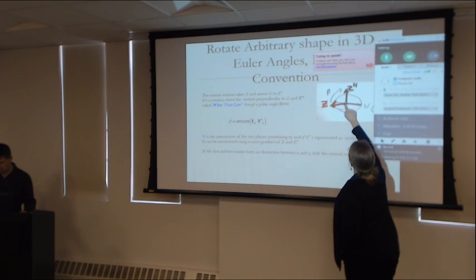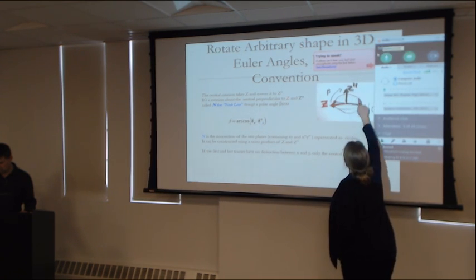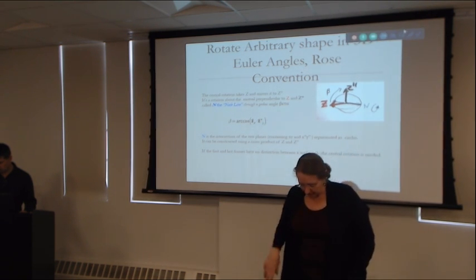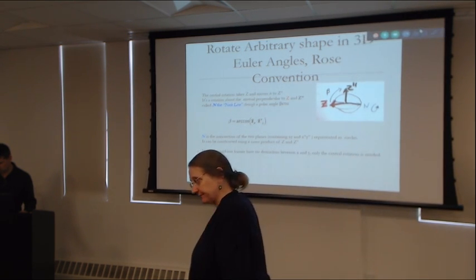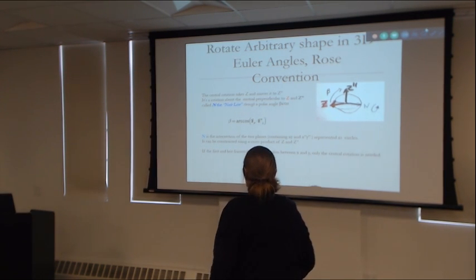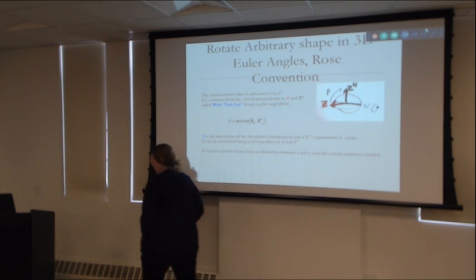And this vector has a perpendicular circle that's more red. That is the xy plane for the principal axis system, excuse me. For example, the shielding tensor, principal axis system.